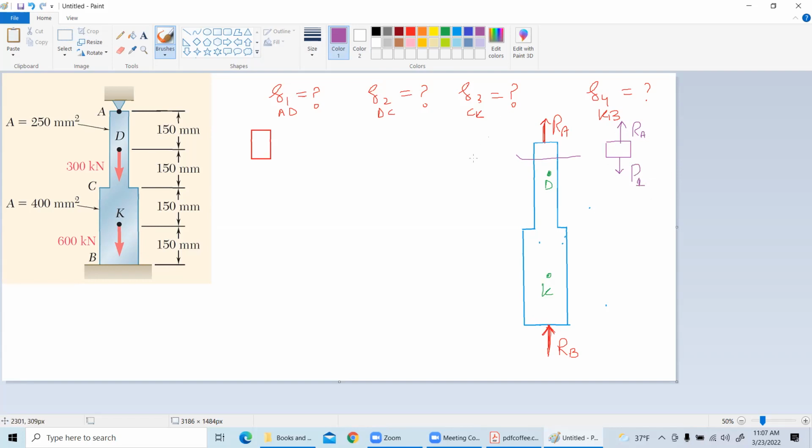Good. So then I will make my second. Where is the purple one? Okay, this one. The second cut I will make here. Correct? And I will say this is my RA.